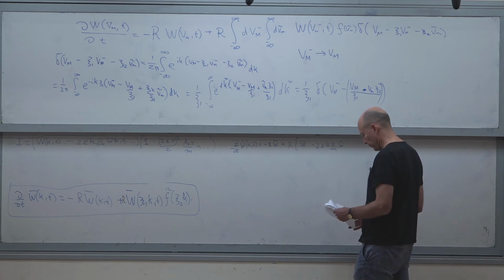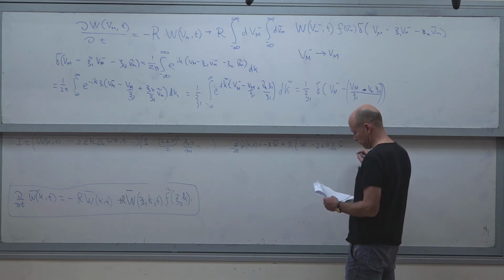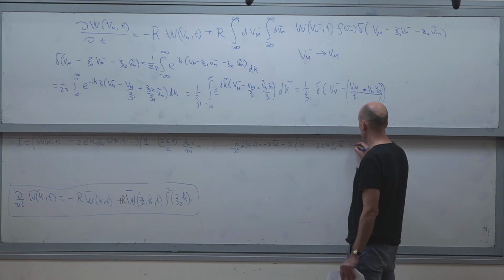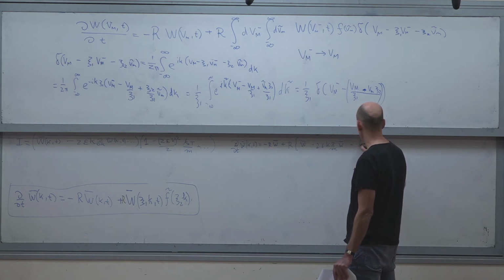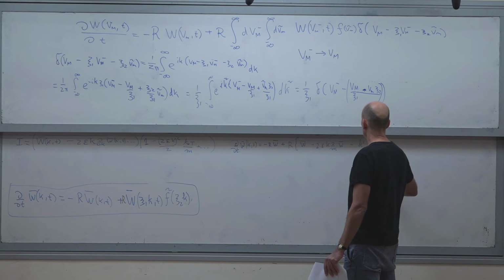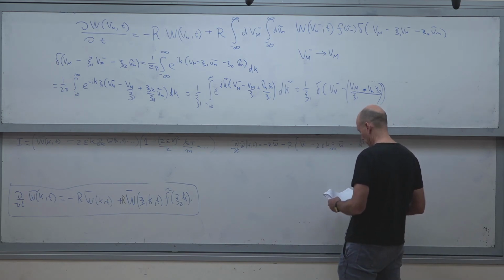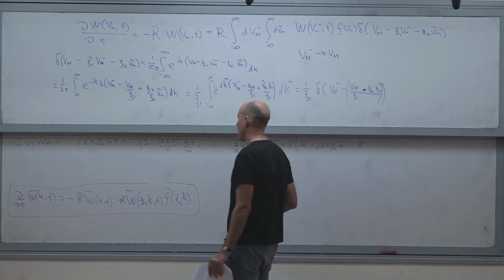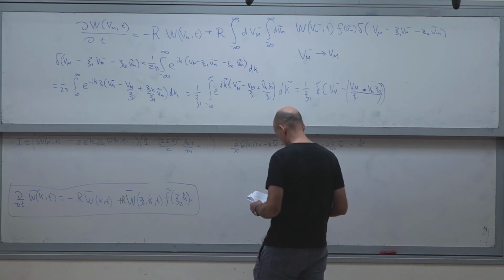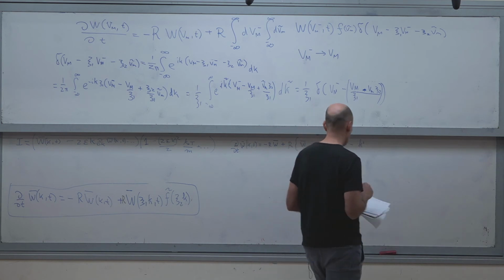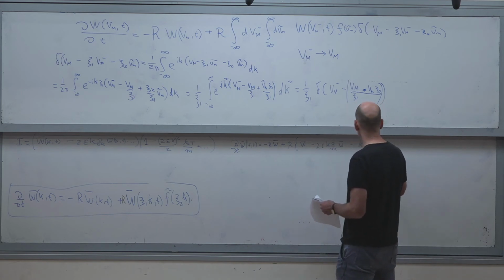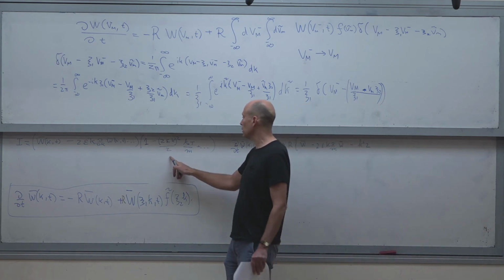So here I want to write it with a minus sign. So I have k squared. I have here a mistake. Okay, k squared, I have here a 2, because this is 4 divided by 2.